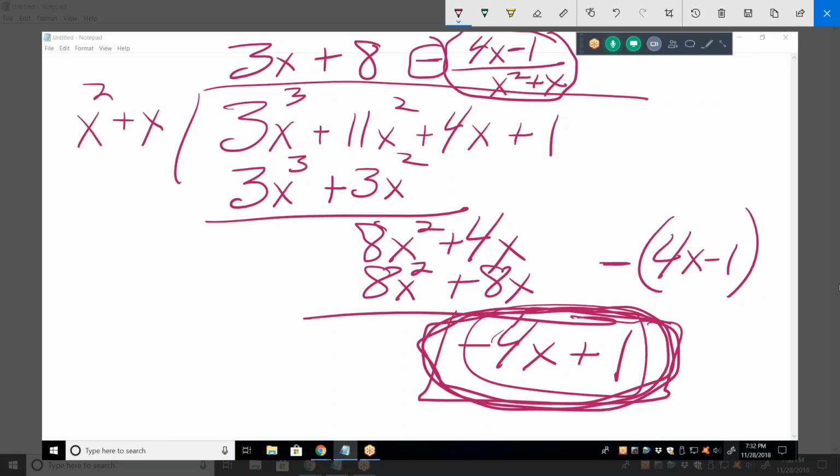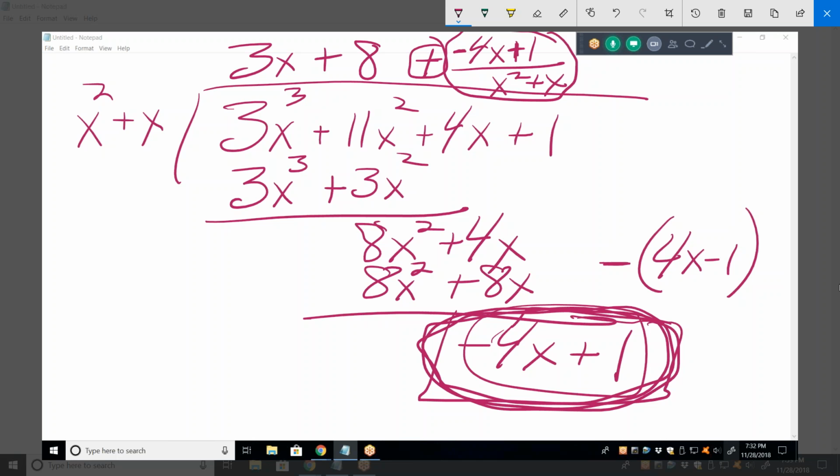Do they use any parentheses at all? It did not have any parentheses, no. But they say 4x plus 1. I think it said negative 4x plus 1. So this is actually a plus. That's a minus, and that's a plus.